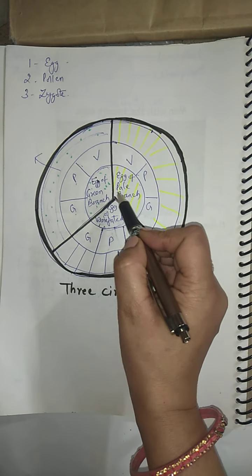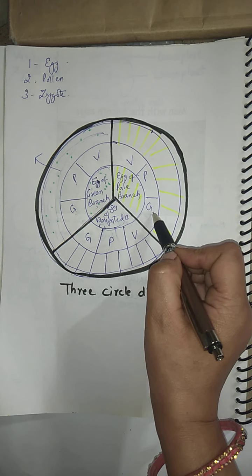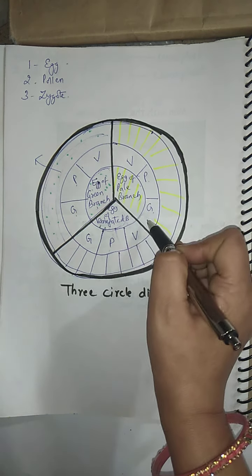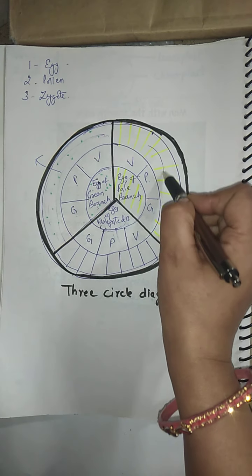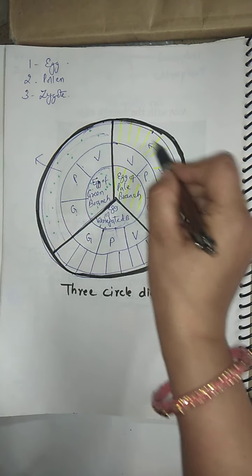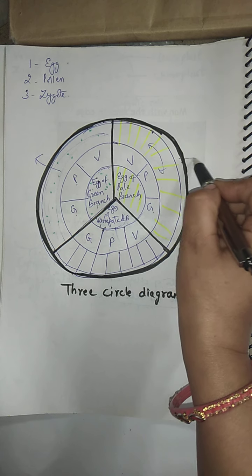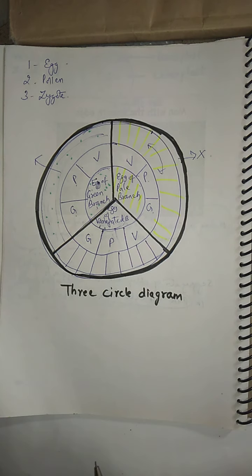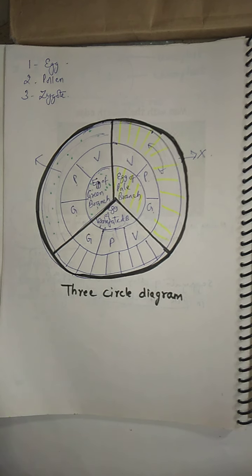If an egg of a pale branch is fertilized with pollen from a green, pale or variegated branch, this will always produce zygotes containing leucoplasts only, and such a plant will not develop further due to the lack of chloroplasts.